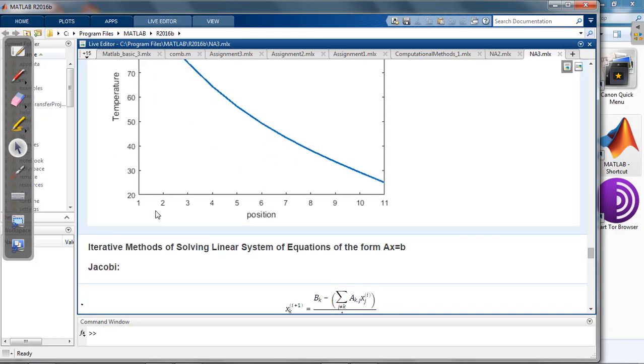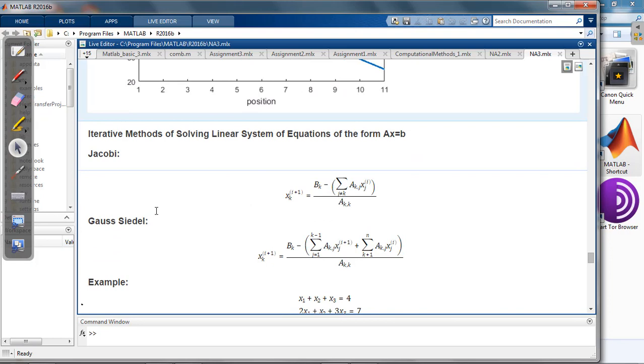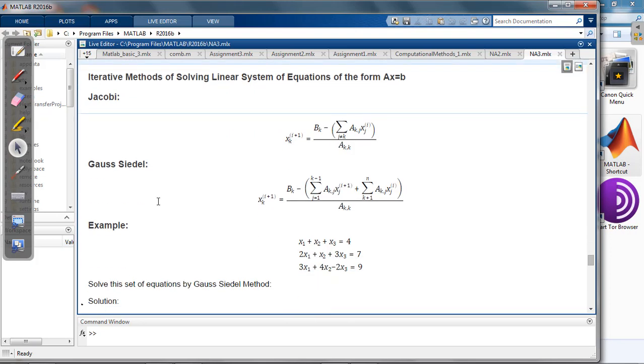Now, after understanding this direct method of TDMA, let us see the iterative method of solving the linear system of equations. Iterative methods are very popular because by iterations we can solve very easily, since the algorithms are much easier and converge very quickly.